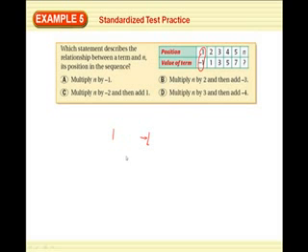That works, but it doesn't work for the second one. There's 2 and 1. They've got to work for all of them. Multiply n by -2. 1 times -2 is -2, plus 1 is -1. 2 times -2 is -4, plus 1 is, that doesn't work. Multiply n by 2, then add -3. Times 2, ooh, that works. Multiply by 3, no, it's B.